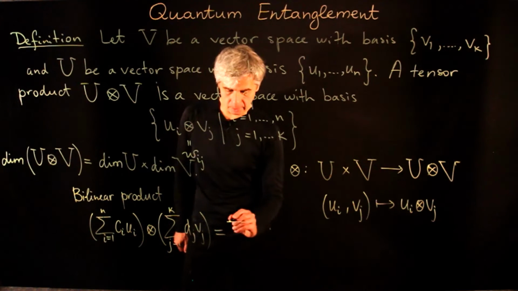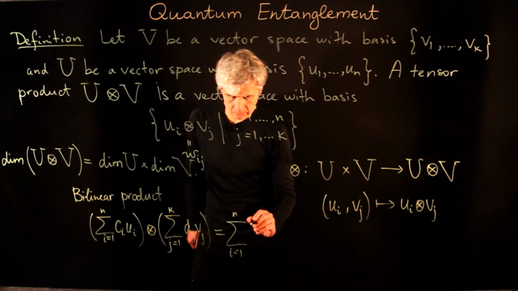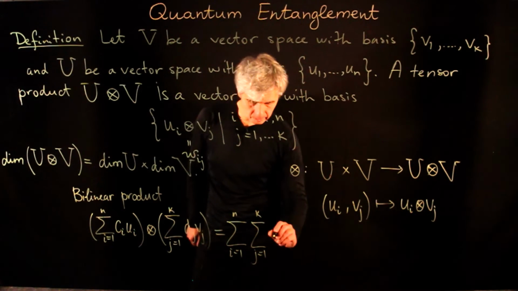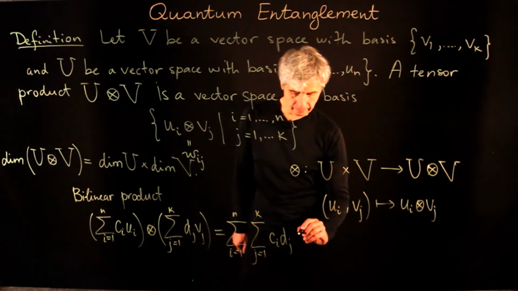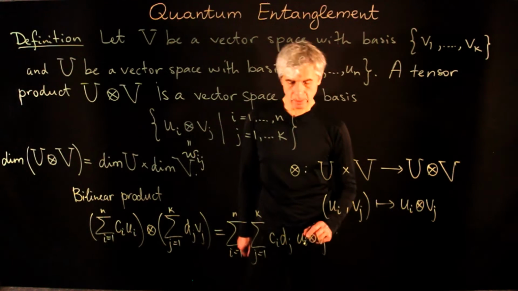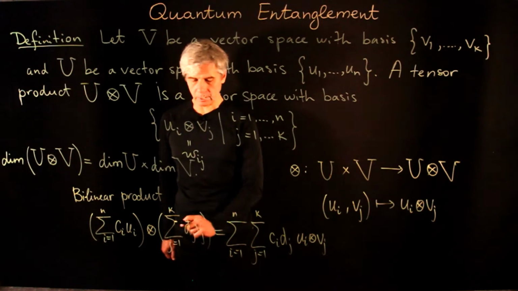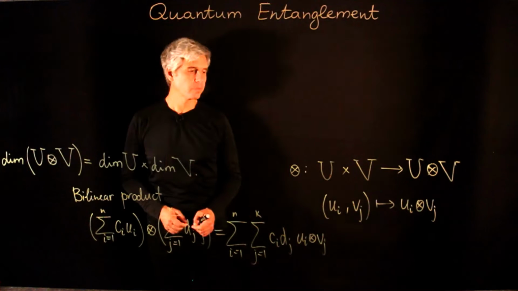It's going to be the double sum, i goes from 1 to n and j goes from 1 to k, ci dj times Ui tensor Vj. In this way, we can define tensor products of arbitrary vectors from U and V.